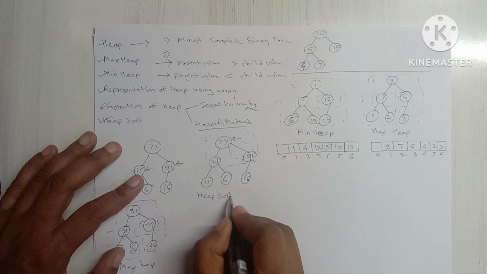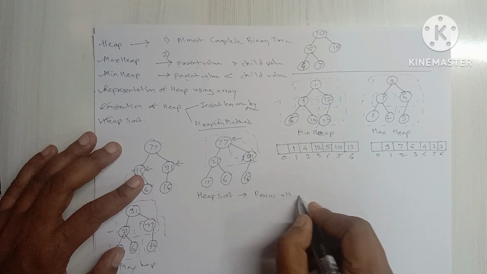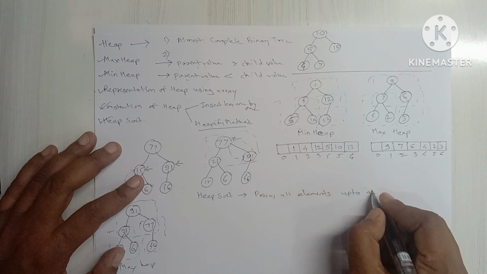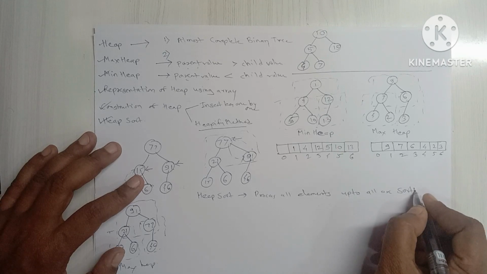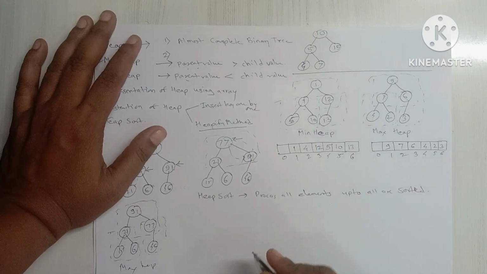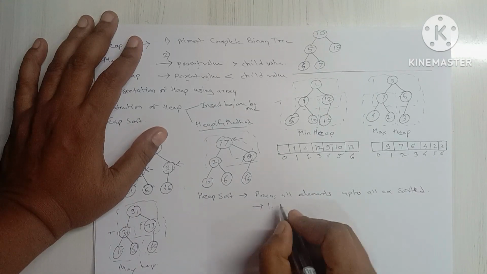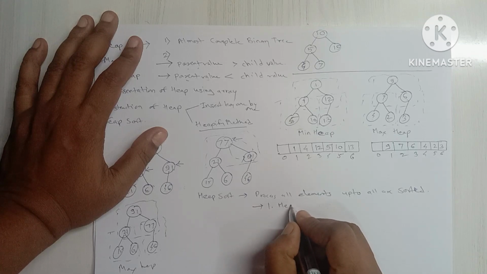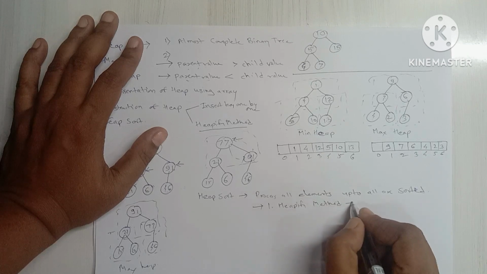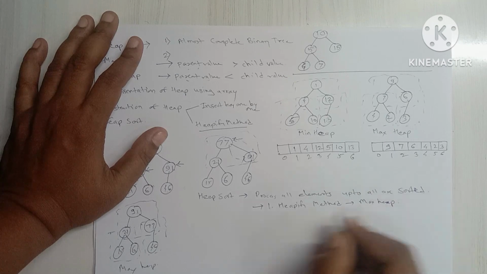So what are the steps for heap sort? We need to process all elements until all are sorted. So what process do we need to do? Step 1, we need to perform the heapify method and find out the max heap.